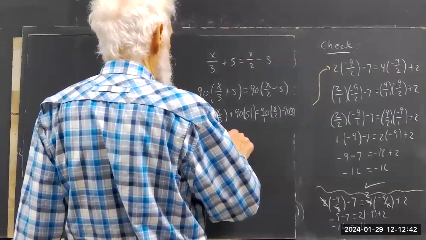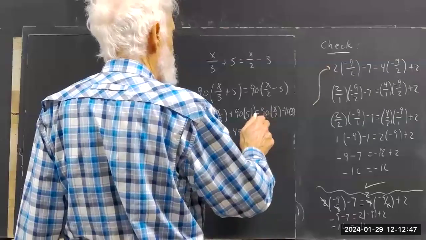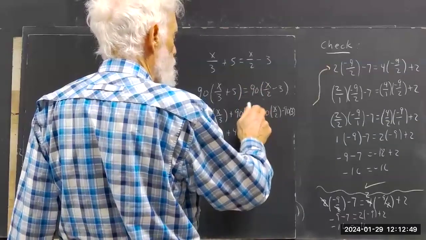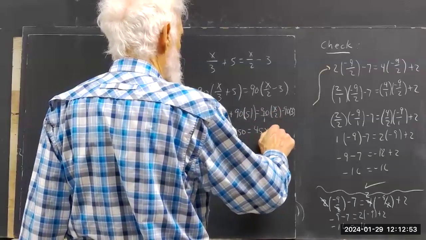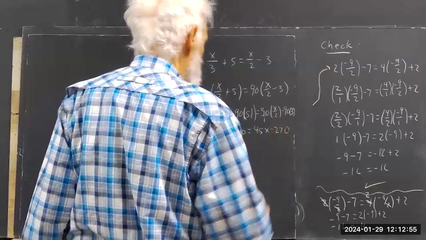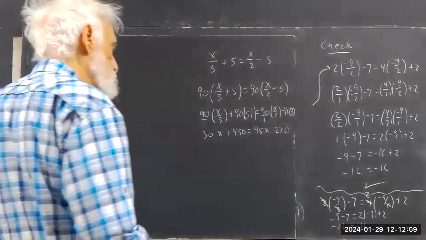And 90 times 5 is 450. And then 90 times x over 2, well, I divide the 90 by 2, I get 45x. And 90 times 3 is 270. Okay.